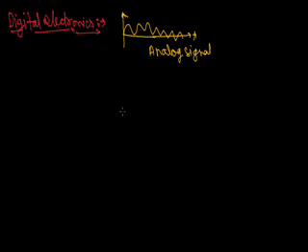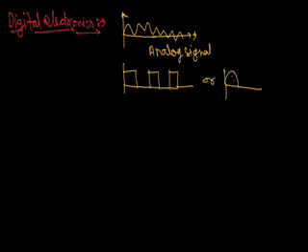But if we have a signal like this one or this one, it has only two levels of voltage, two levels of signals, meaning only a high signal and a low signal.